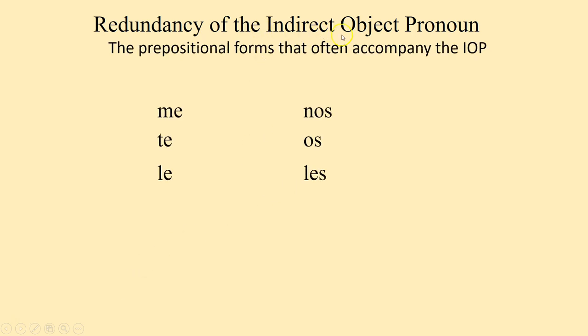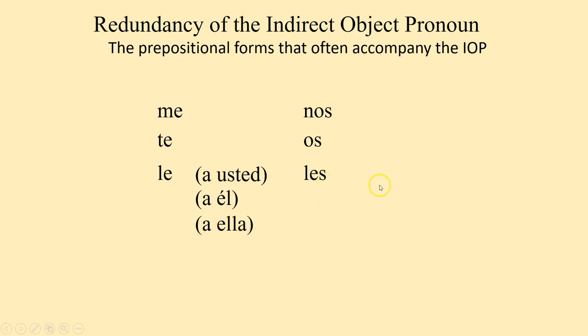Redundancy of the indirect object pronoun. In Spanish sentences, you are going to find that the indirect object pronouns me, te, le, nos, os, les are used along with prepositional forms. For example, le and les have different meanings. Le is going to be clarified by adding the prepositional forms a usted, a él, a ella.